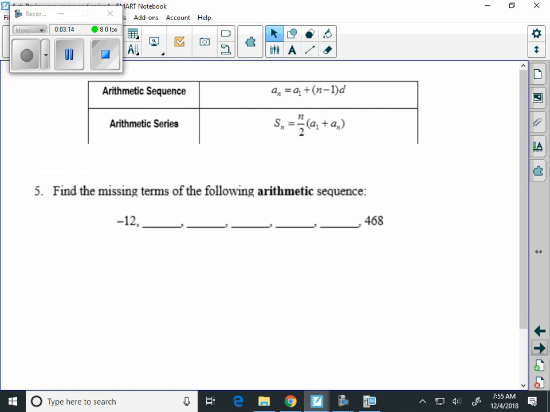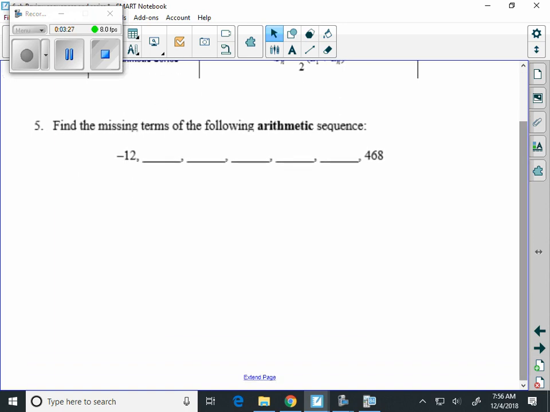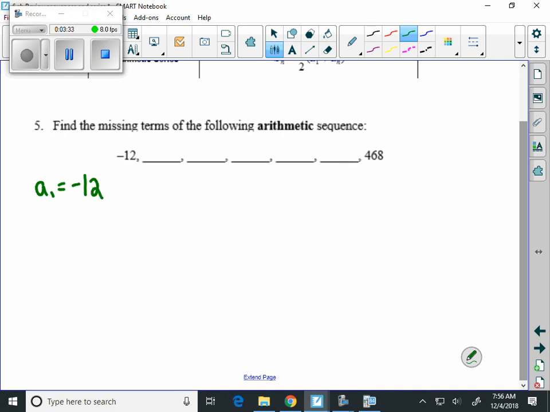Same idea here. Find the missing terms of the following arithmetic sequence. Well, we know the first term, and we know the last term, and we need to find all those terms in the middle. So let's list what we know. We know that a sub 1 equals negative 12.